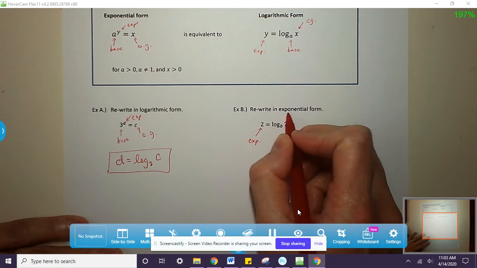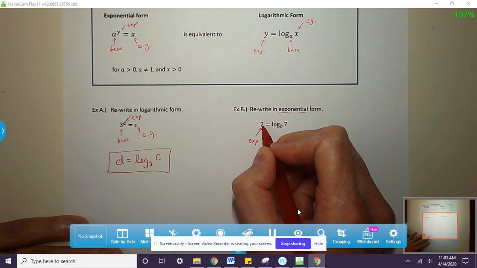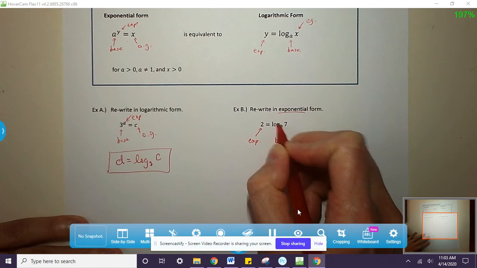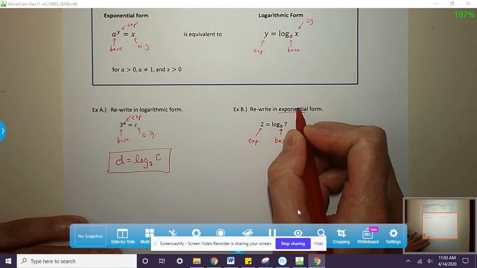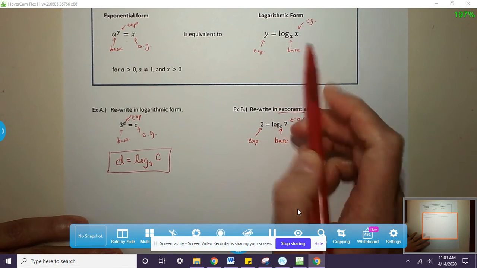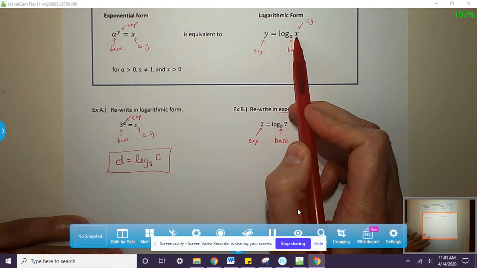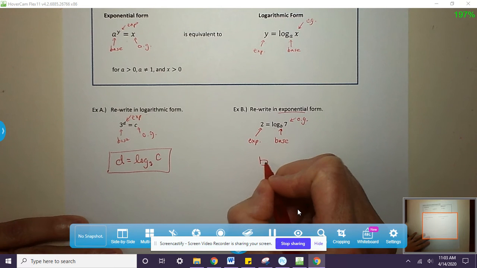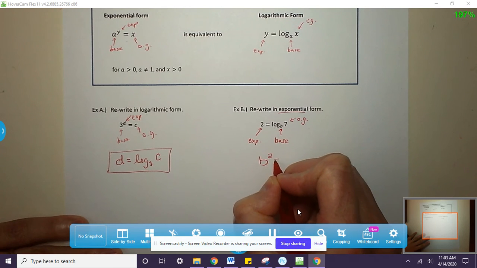But when we change the form, it's going to be an exponent. The subscript here is the base for the logarithm. It will be the base in exponential form. And the third piece here is the other guy. Whatever's inside of the log is the other guy. Once we've identified the three pieces, we raise the base to the exponent, and that is equal to the other guy.